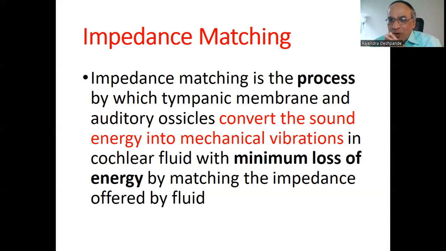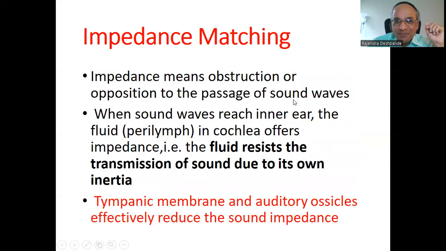Are you getting my point? Sound waves pass easily through air but not through fluid, and that's why fluid is a type of obstruction for sound waves. But nature has done its duty very properly: inside, the sound intensity is doubled, and with the fluid it automatically comes back to normal. This is in short about impedance matching.